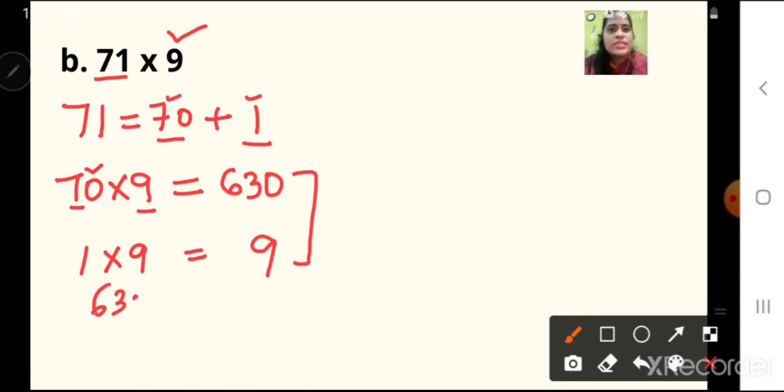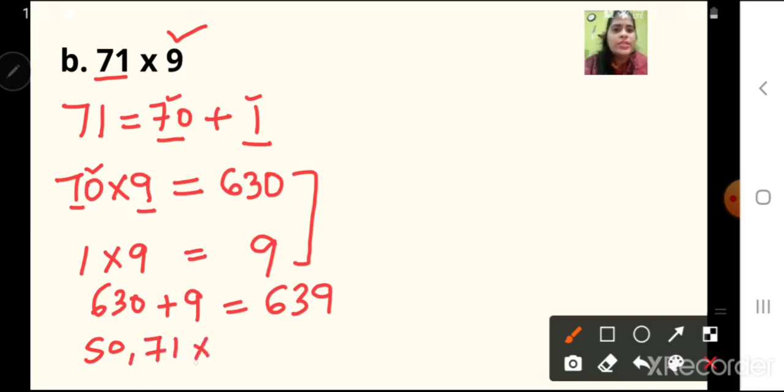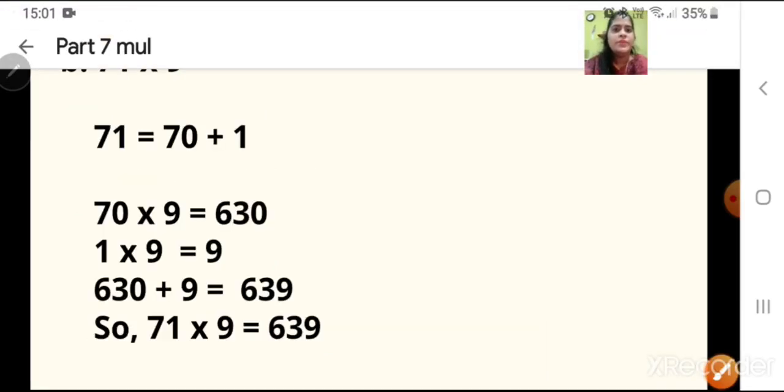So 630 plus 9 is equal to 639. So this is our final answer. We can write here, so 71 into 9 is equal to 639. Okay children, note down it properly.